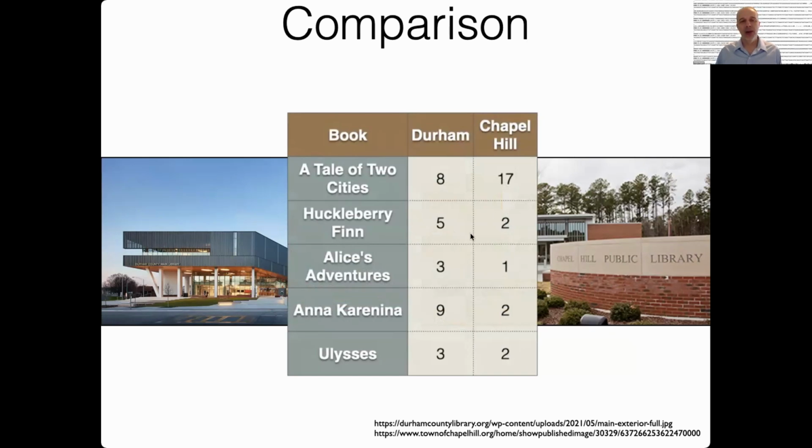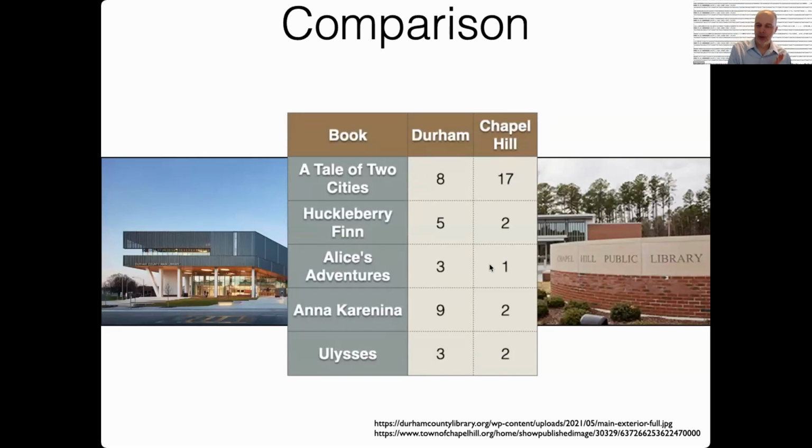Now, one thing that I want to point out is that I can look at this and compare, and say, okay, I am seeing 3 times as many fragments of Alice's Adventures in Wonderland in the Durham Public Library as the Chapel Hill Library.